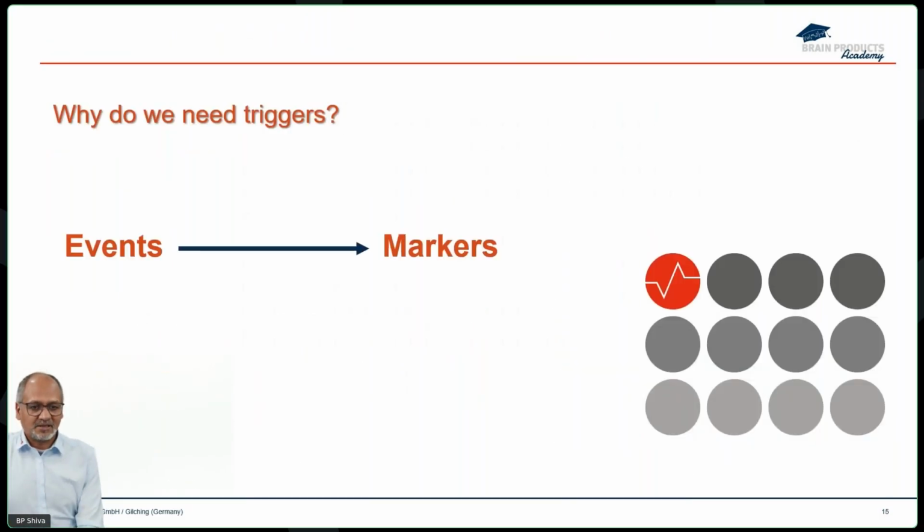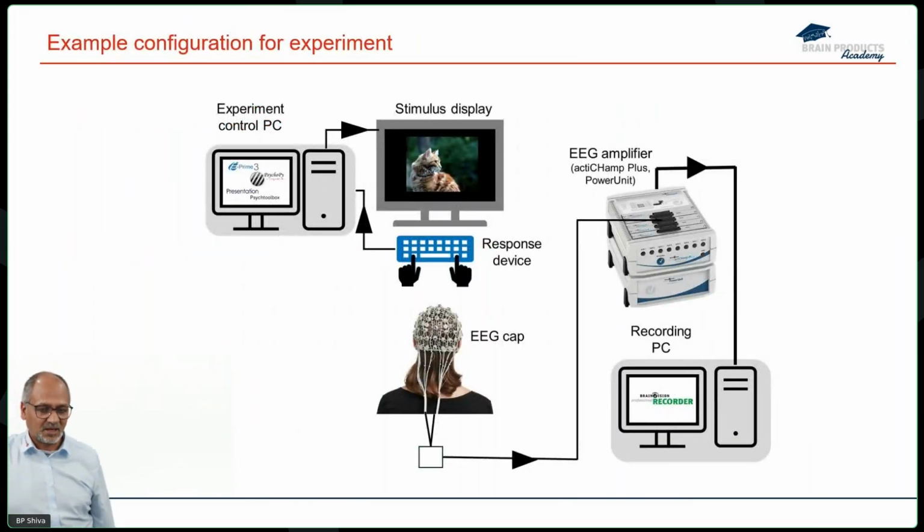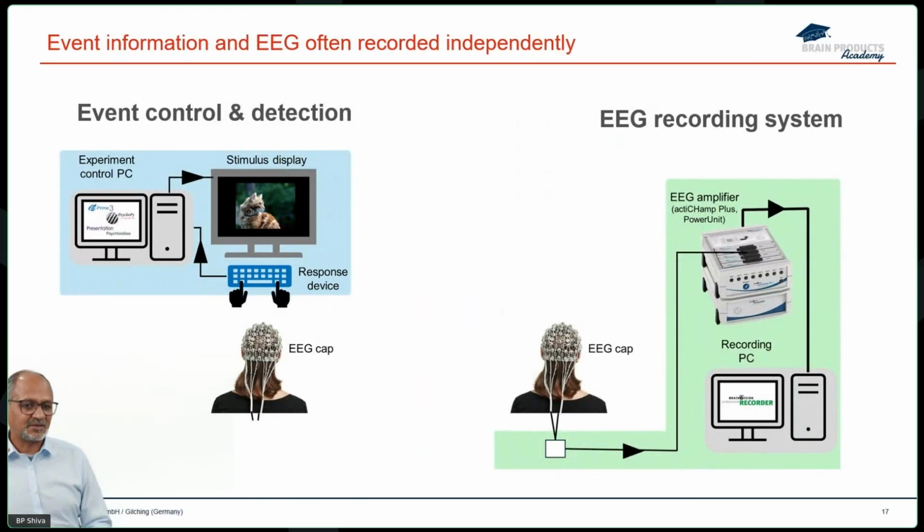So why do we need triggers at all? Though I haven't mentioned this explicitly yet, the key issue has to do with a practical one, the configuration of the experiment. There are many devices involved in a typical experiment. To organize them by their functional role, there's a cluster of devices here, and you can see these are related to event control and detection, displaying a stimulus or collecting responses.